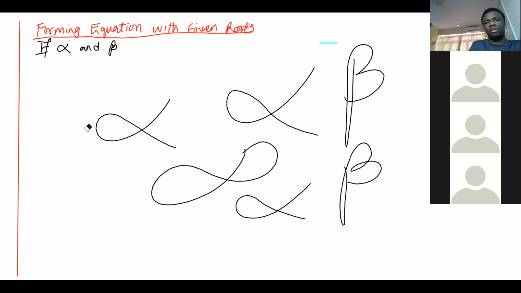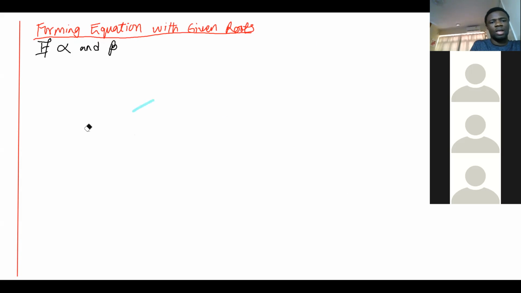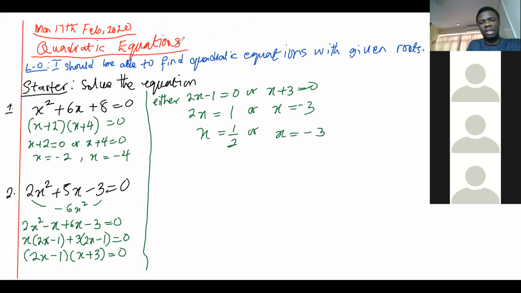If alpha and beta are roots of quadratic equations, well, we don't know whether alpha and beta are equal. We don't know anything about them, we don't care, but we know they are roots. Whether they are whole numbers or fractions, usually we deal with rationals, no decimals. So in the previous example, I wouldn't expect anybody to write 0.5 here. Always try to avoid decimals, please.